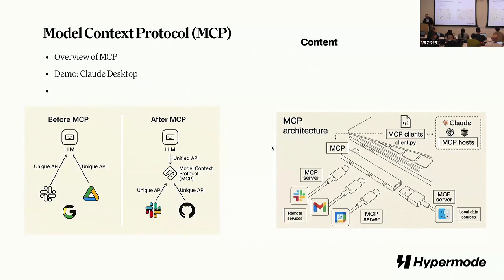So it's often compared to a USB router, right? USB is the protocol, and I have all of these different MCP servers that define how to expose tools for interacting with different APIs, different files. I don't have to implement my own bespoke way of defining tools to interact with those services.